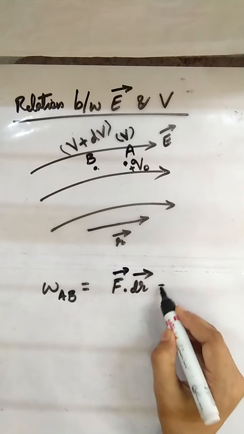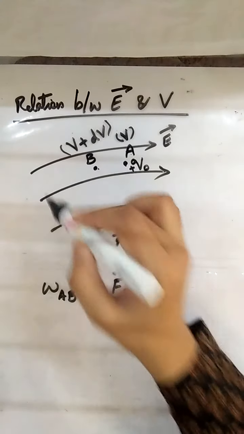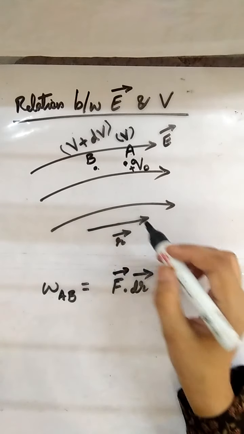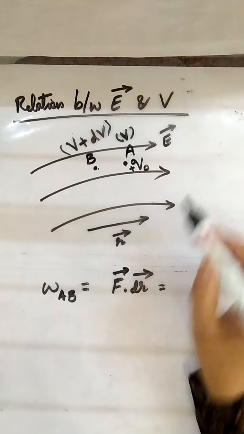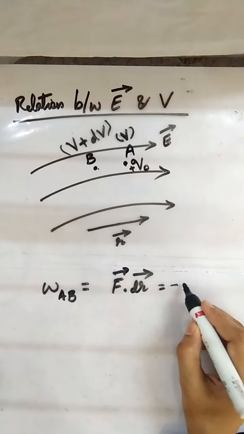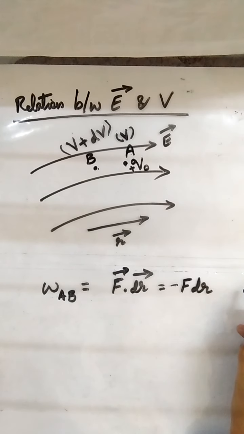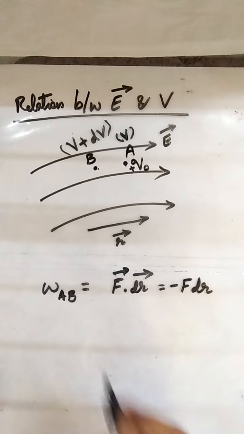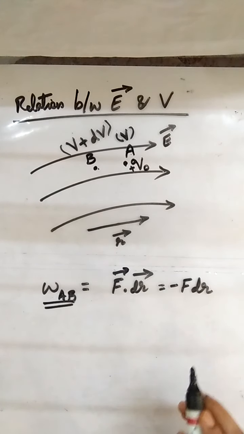Now in which direction are you applying force? In this direction. Where is R? Like this. So what is the angle between F and R? It is 180 degrees. So I can write it as F dr cos pi, and cos pi is minus 1. So the work done is WAB equals minus F into dr.